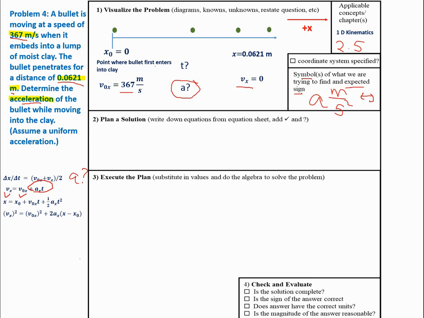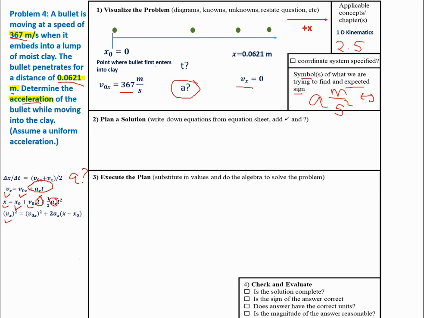So let's move on to the third equation. We know the final position, the initial position, and the initial velocity, but we don't know the time, and we also don't know the acceleration. So we have two unknowns, and that one doesn't work. Let's look at the last equation.